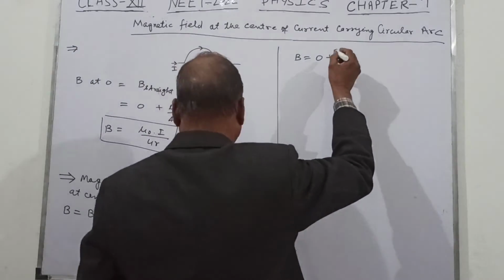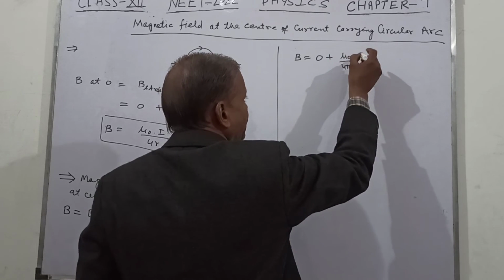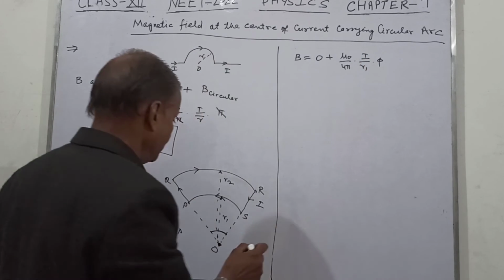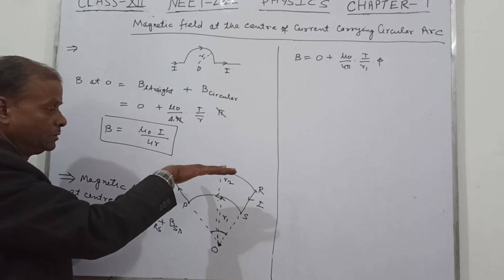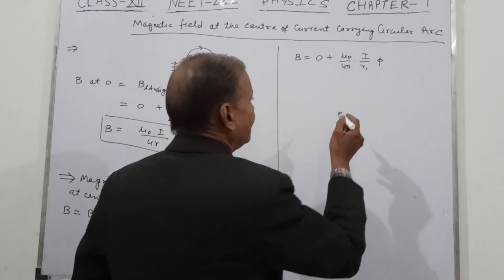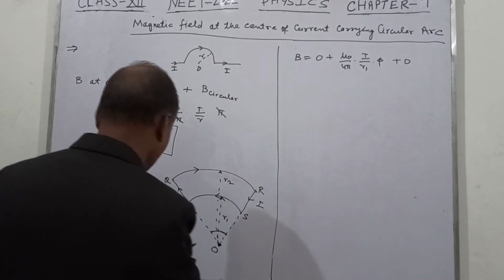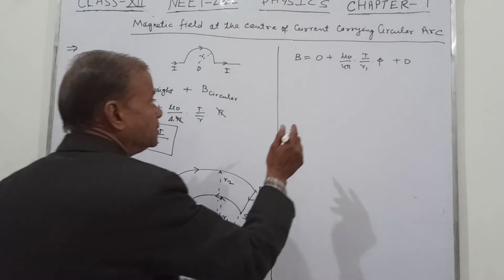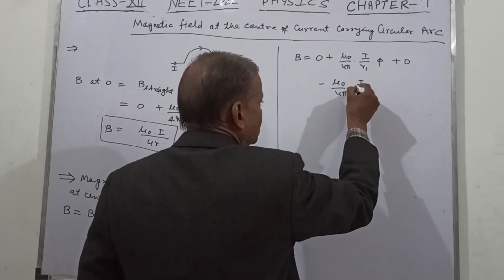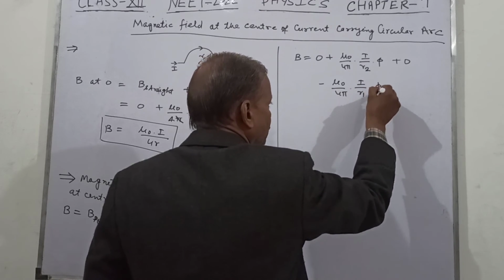B equal to mu naught upon 4 pi into I upon R1 into phi, the current vertically outward, plus then this is 0 because of this RS part, and then mu naught upon 4 pi into I upon R1 into phi.